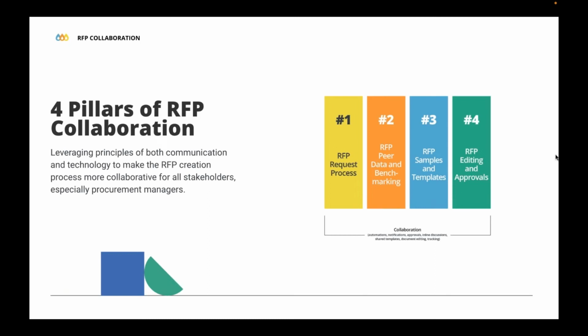A collaborative RFP creation process, the ideal state, is that you are utilizing best of breed technology to bring enhanced efficiency, communication, and collaboration to every opportunity, and it's rooted in 4 key pillars.